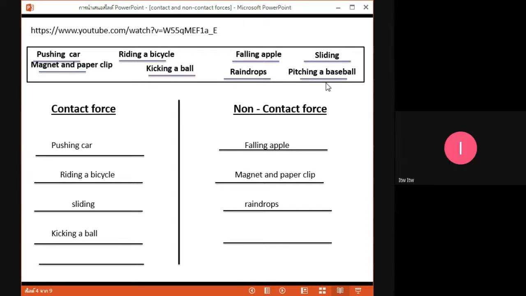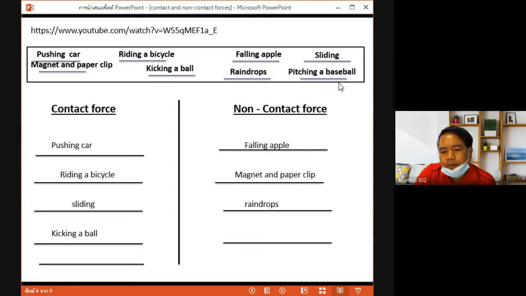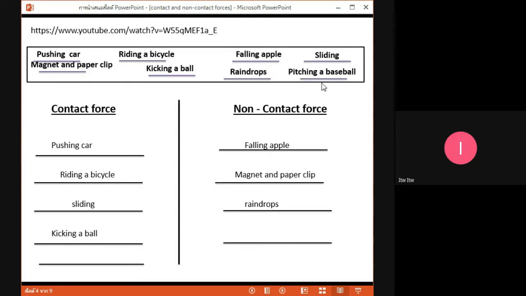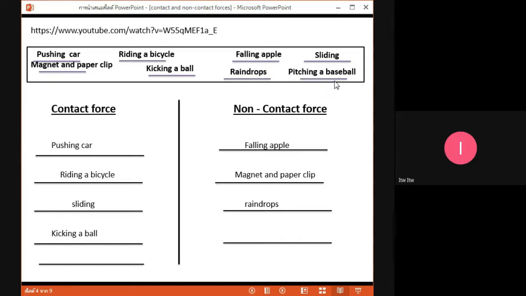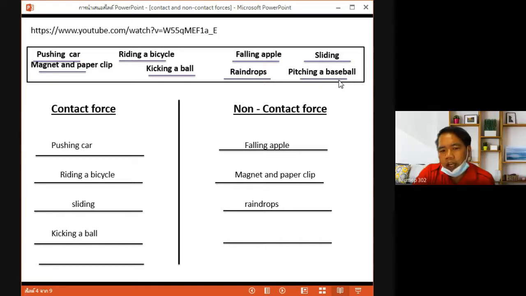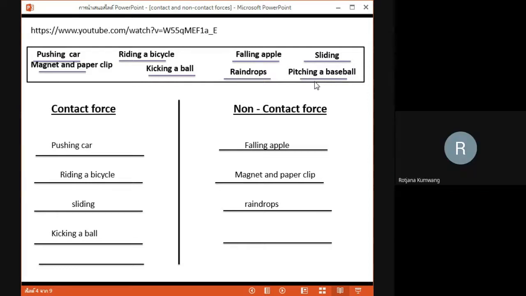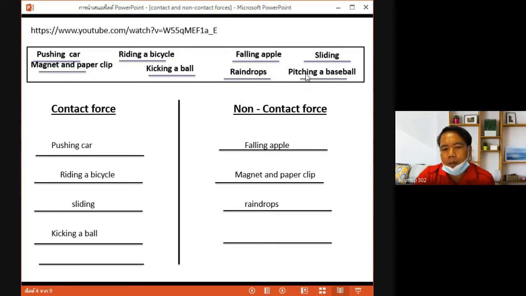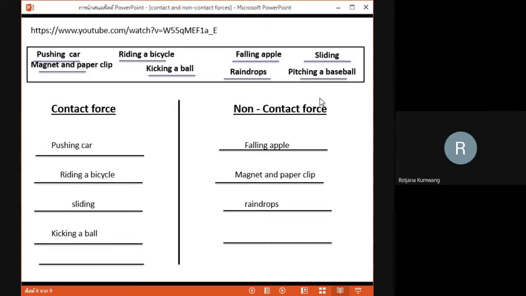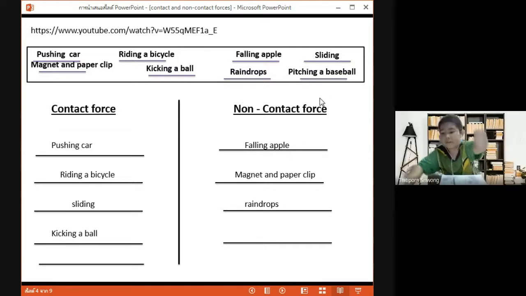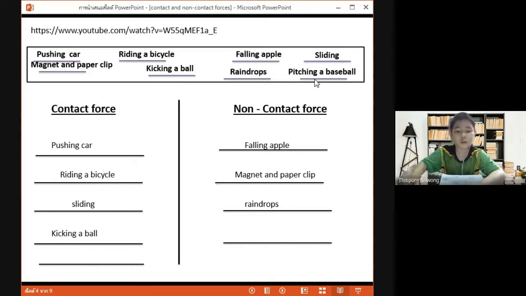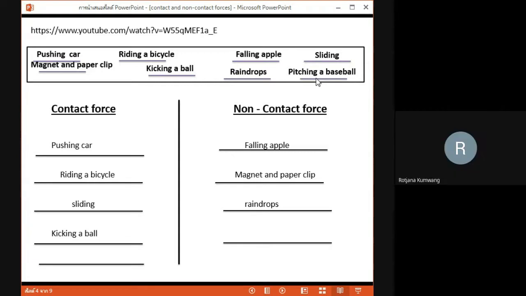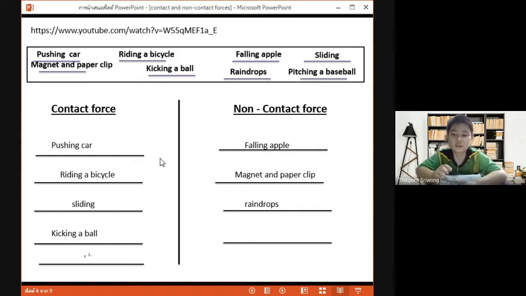Plus points to those who want to answer. Anyone will answer? Pitching a baseball. Okay, Sky. Non-contact force is wrong. So it is contact force.